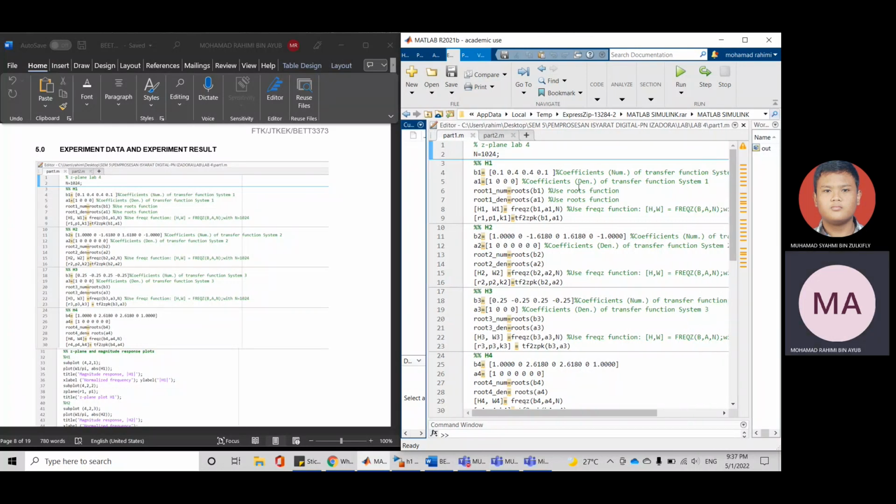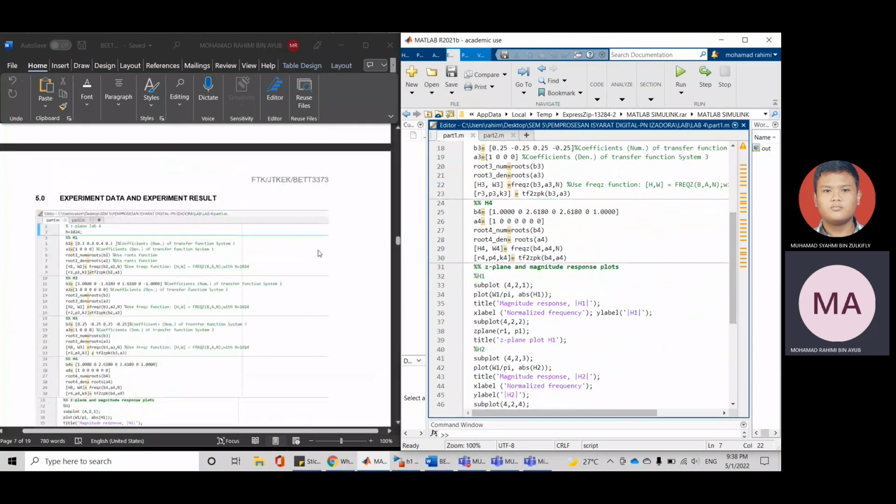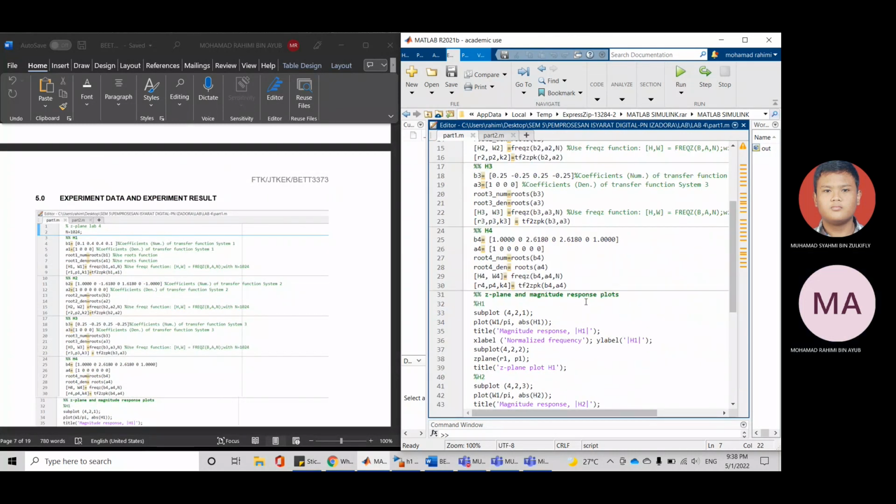The code is slightly the same, just the values are different. So we just copy it and change the values. We can see here B1, B2, B3, B4, which are used for the values given in the procedure. And the rest is the same.